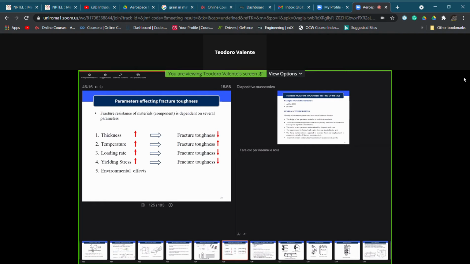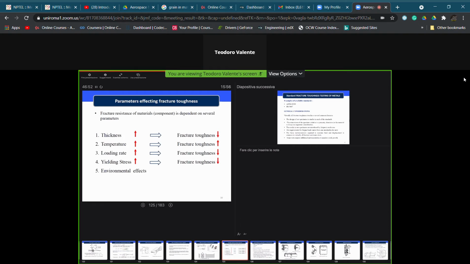And then, for impact applied loads, we need to define not these values that we have discussed up to now, but the dynamic fracture toughness, which is another parameter, since we have a dependence between the loading rate and the fracture toughness value. And obviously, if we increase the yielding strength of the material, the fracture toughness is also going to decrease.